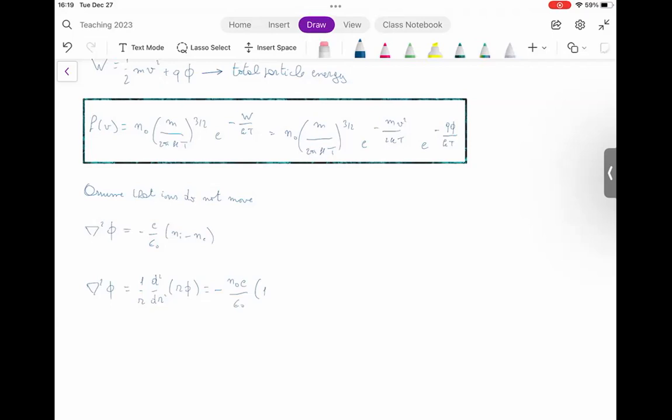And for the electrons, I'm going to have this extra factor, e to the e phi over kT, where I'm using the fact that the charge of the electrons is equal to minus e. So I replace the charge. Okay, this looks like fun, right? How on earth are we going to solve this thing?